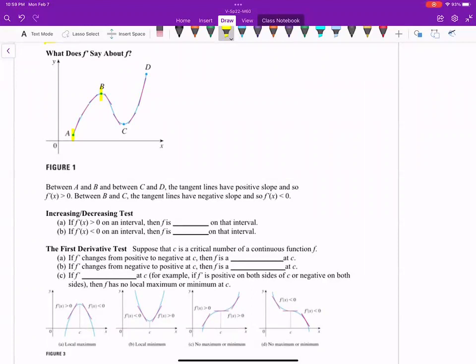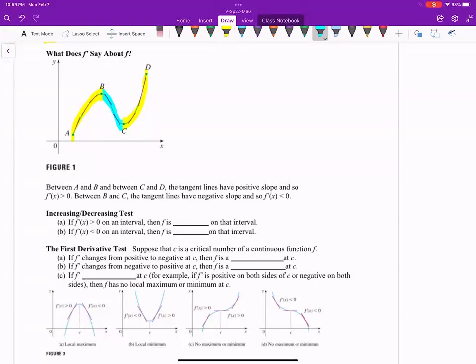Same way from C to D. In this part and in this part, the slopes of the tangent lines are positive, which is a characteristic of a function being increasing. And in this part of the graph, B to C, the slopes of the tangents are negative.